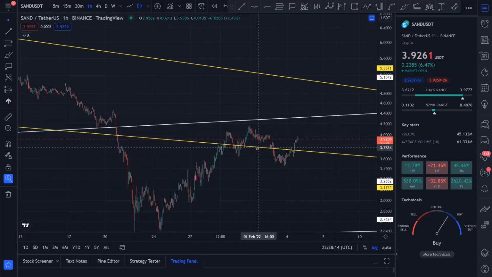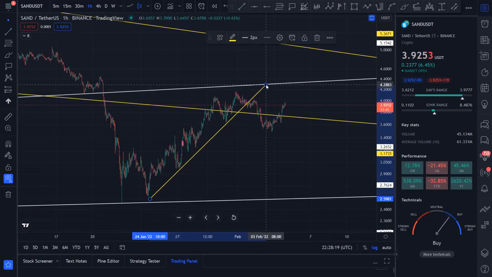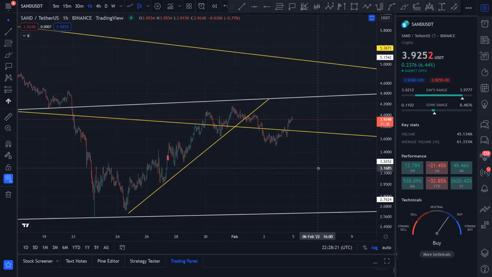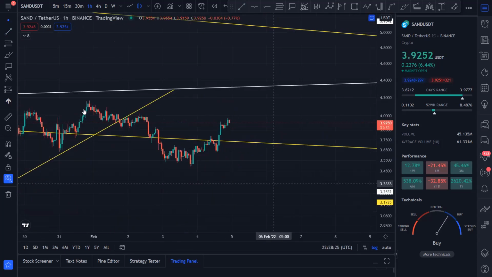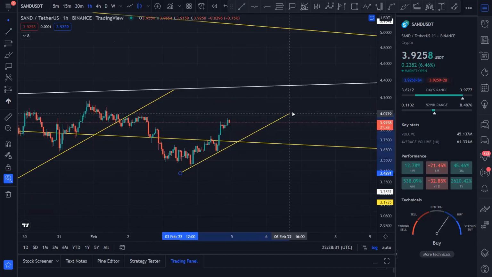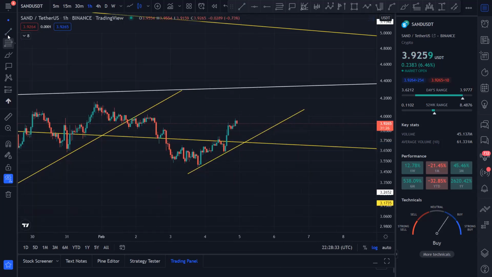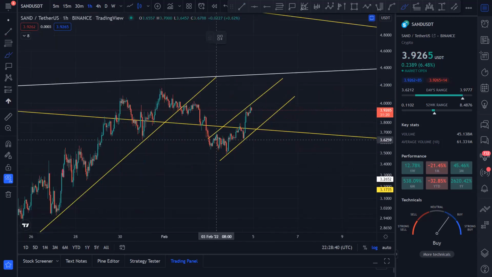Currently you can see we had this support right over here, and it broke outside of it. Now it's creating somewhat of a U-shaped structure. We can also look back, where this can be the support over here, and this can be the new resistance. So you can see it play in this manner.